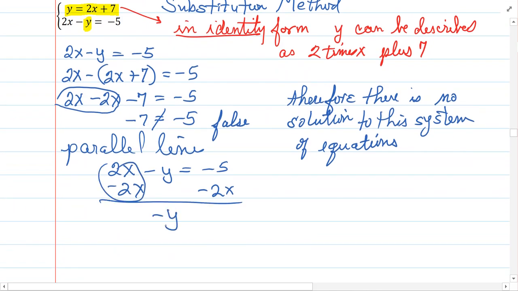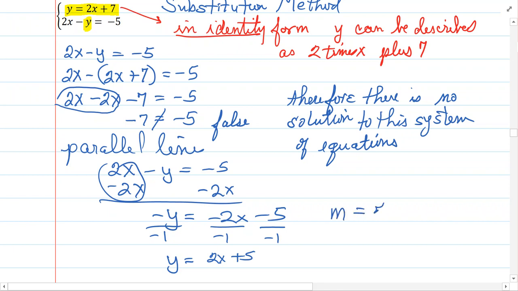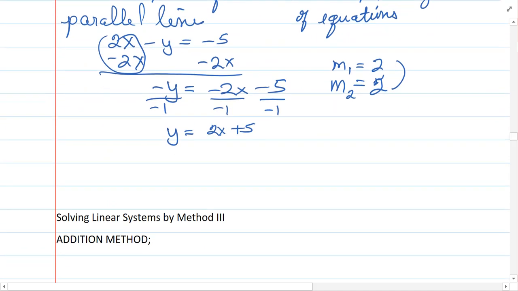So I'm going to have a -y equals -2x minus 5. Then I have to divide by the -1, and that gives me y equals 2x plus 5. My slope is 2. And for the first equation, it's also 2. So that's why there's no solution. And the b's are different.